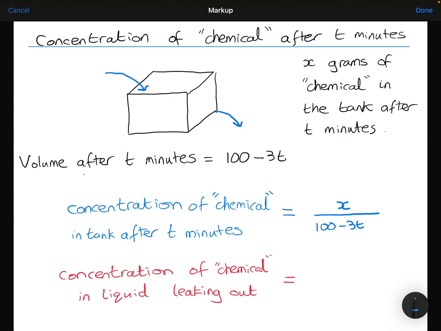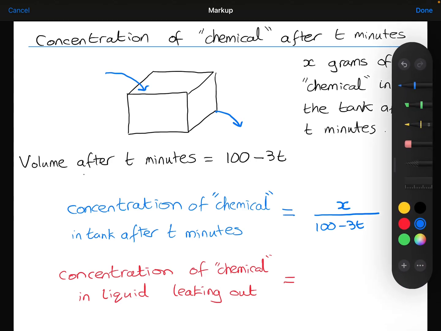Now, here's where a key assumption comes in. This x divided by 100 minus 3t, that's the general concentration within this tank. Now, we are going to assume that the tank keeps on being mixed. The chemical, whatever it is, is being spread evenly throughout this tank.